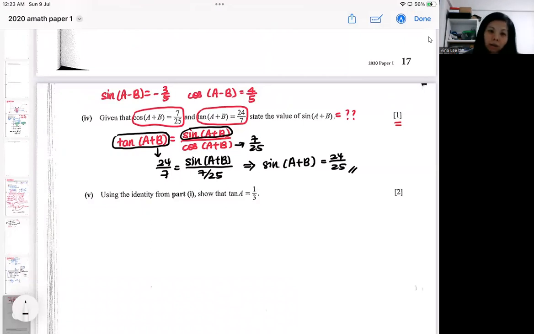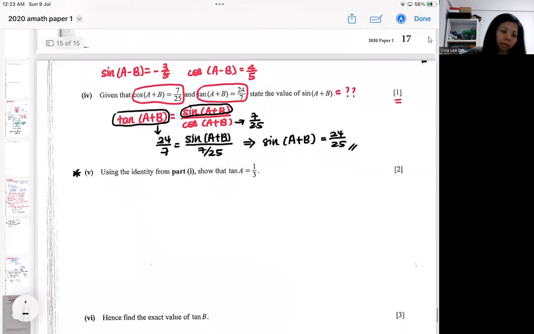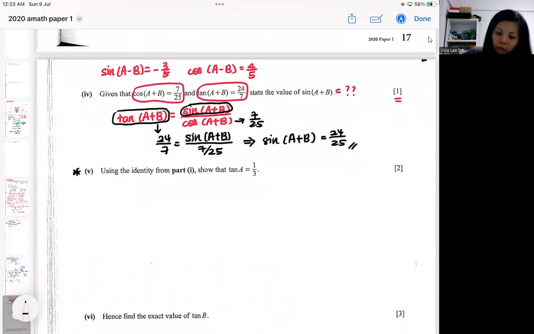Then I'm supposed to use part 1. Here comes the part. The question says I'm supposed to use the identity in part 1. So maybe you will need to write what you have gotten in part 1 first. So in part 1, just write down first.